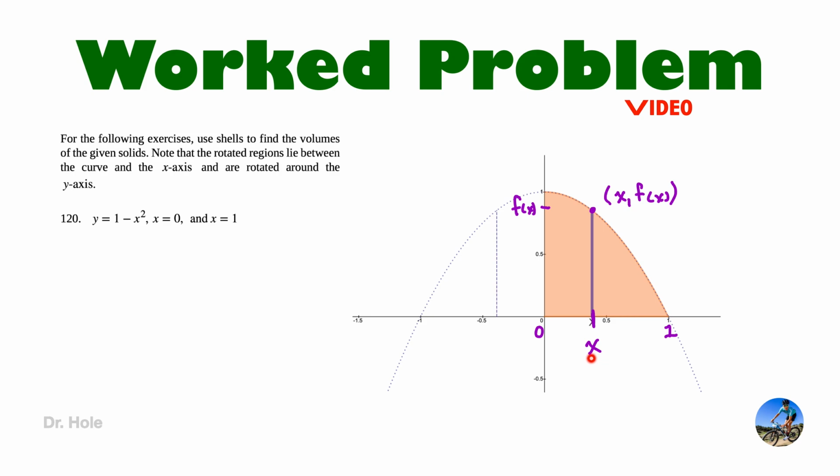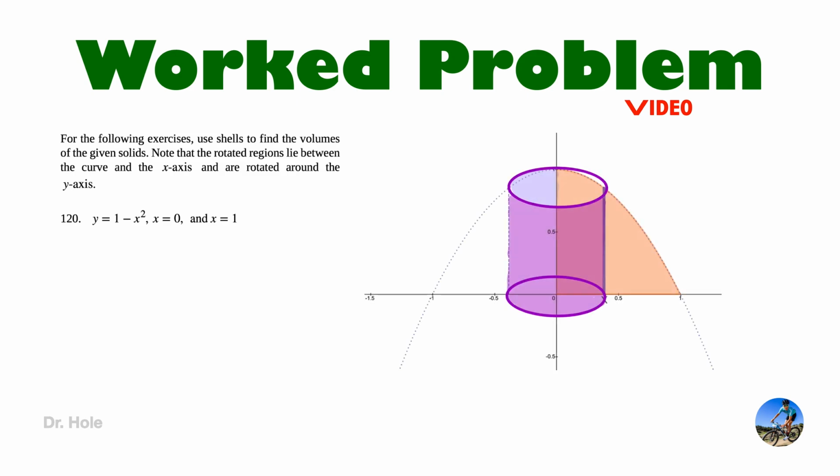Picking an x between our bounds of integration, 0 and 1, and looking at a line segment contained in our region, we see that the line segment will have a height of f of x.